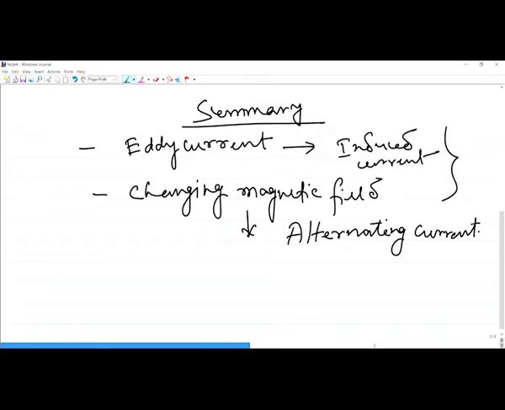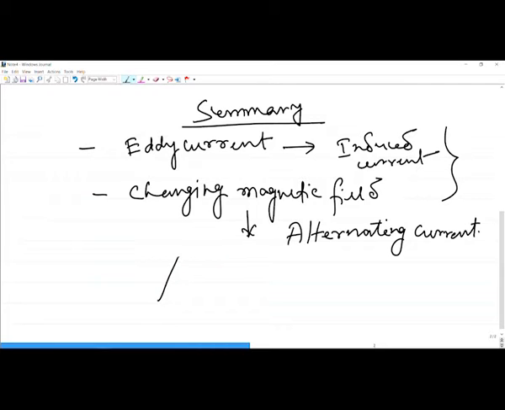If a conductor is carrying an alternating current, it will have a changing magnetic field around it, and when you bring this changing magnetic field close to another conductive surface, eddy currents will be induced on the second conductor.